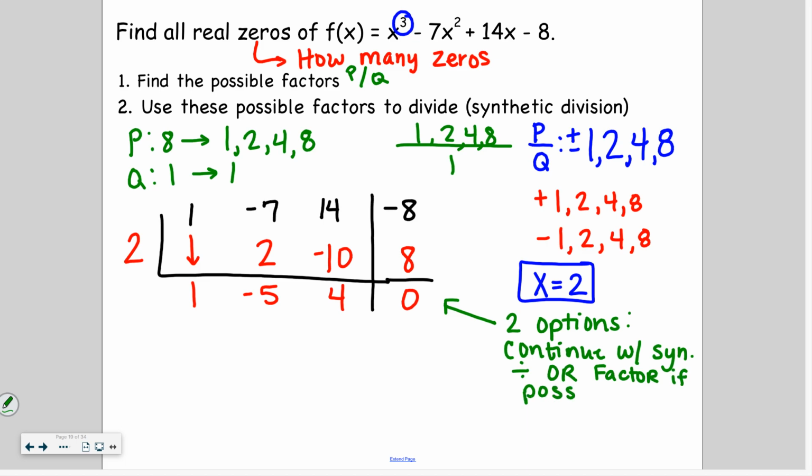And this goes back to if you like to factor or if you don't, honestly. I'm going to do both ways. This time I'm just going to continue with the synthetic division.